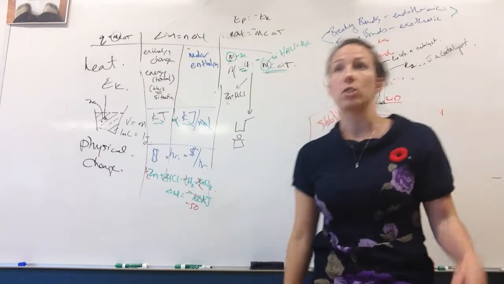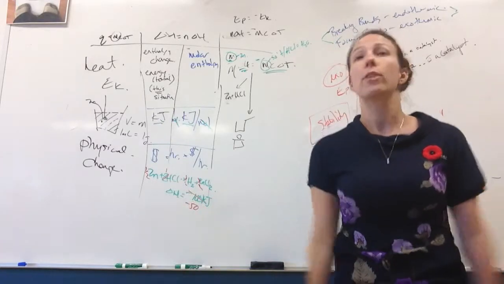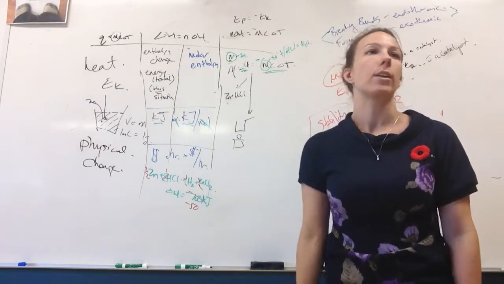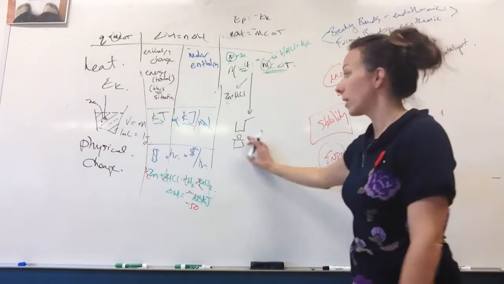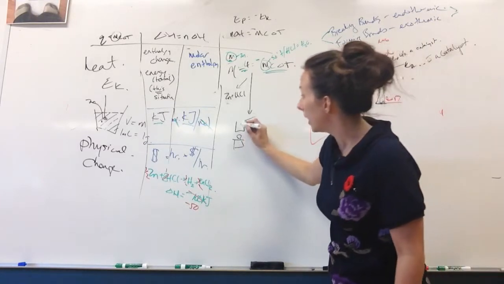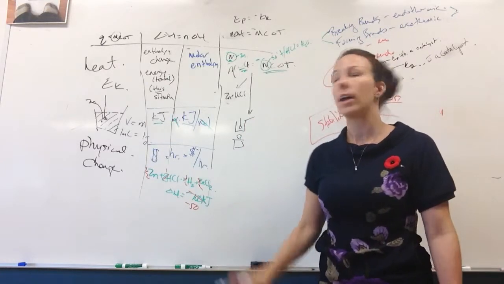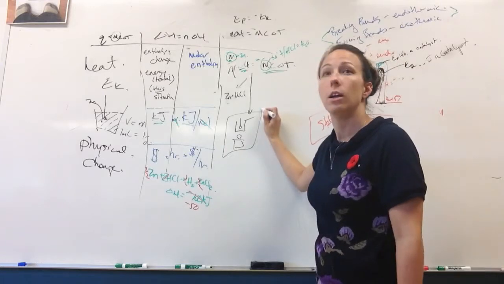A candle, a stove, a camping stove, a methanol burner. Where you've got something reacting on the bottom, burning, and you're heating up something, a pot of water, and this is called a simple calorimeter.